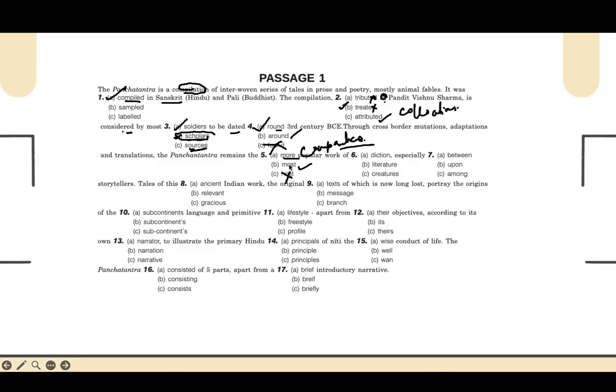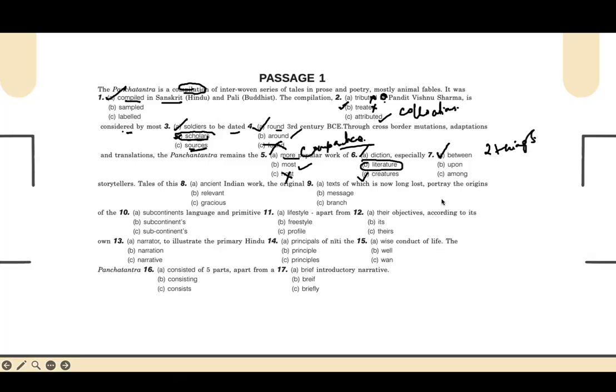The Panchatantra remains the most popular work of, again, this needs common sense. Is it a work of dictation? I don't think so. Is it a work of creatures? I don't think so, but it is a work of literature, right? Especially between, upon, or among. Now see, between we use when we are talking about two things. Okay?